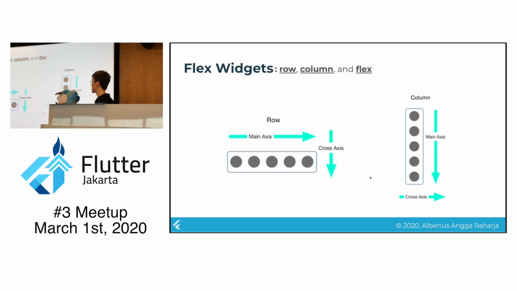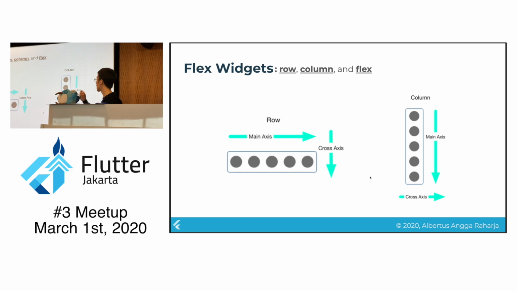So that's all about flex widgets. How to use flex layout in Flutter. In Flutter, to use flex, there are three widgets. The first one is row, the second one is column, and the third one is flex. I will explain the difference between them. Row, if you want to lay out children horizontally, you will have to use row.